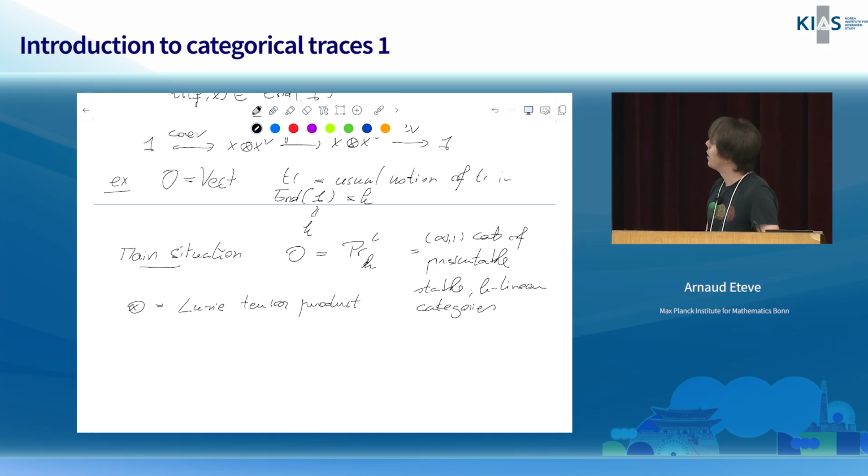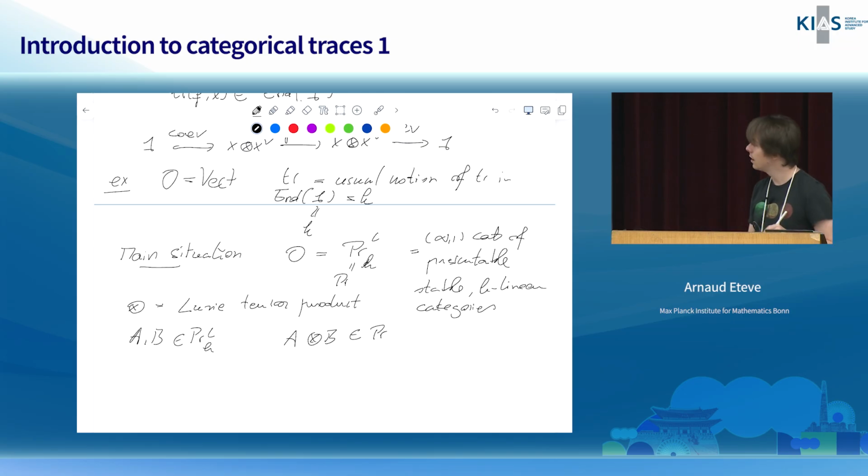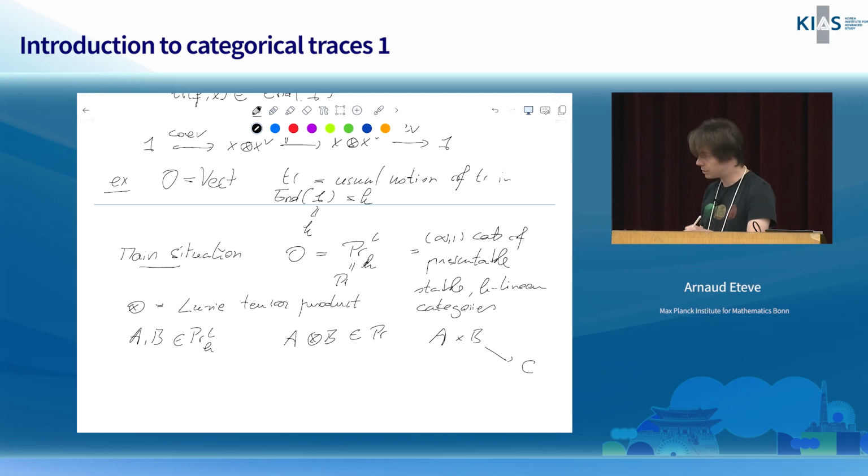Rather than defining it precisely, if you take A and B, two such objects, you can define A tensor B, and it's again an object here. I will shorten this by just PR. As an object it is defined via the obvious universal property: a bilinear functor out of this, which is continuous in both variables, factors uniquely through this tensor product as a functor out of the tensor product.